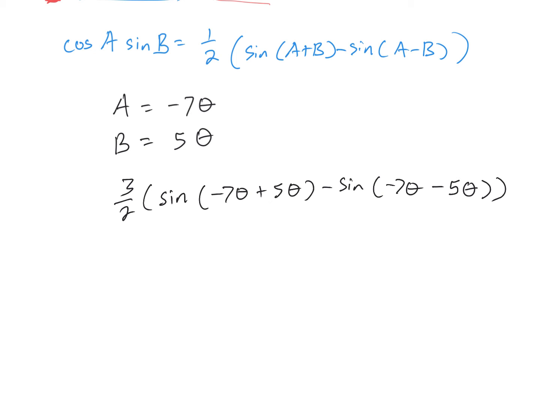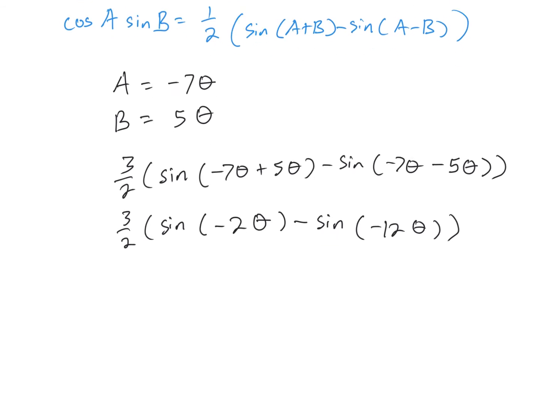We'll simplify this some more. So this is 3/2 sine of -2 theta minus sine of -12 theta.